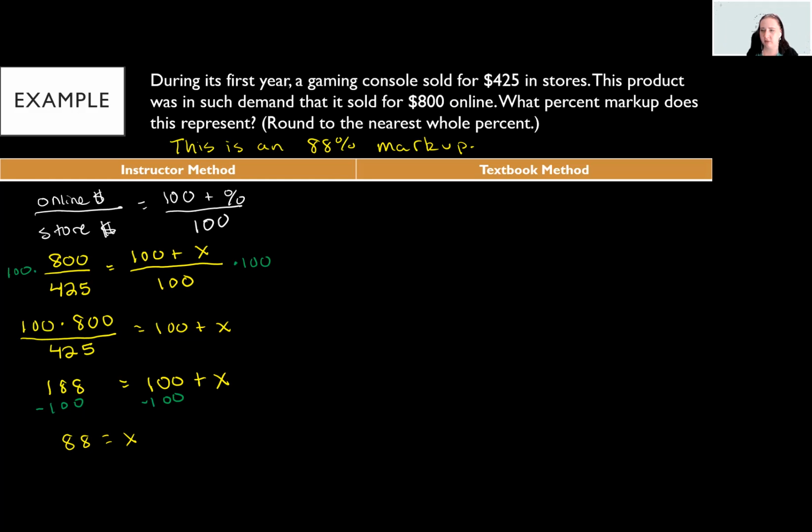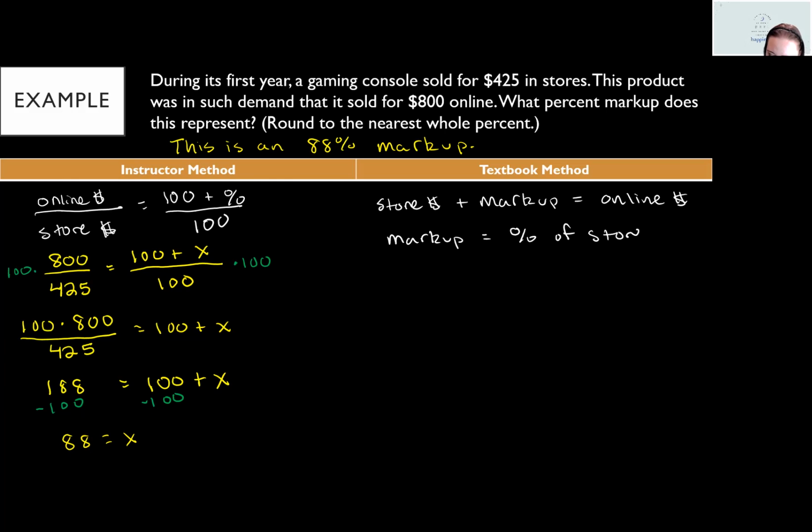Now the textbook method. They have the original price, which in this case is going to be the store price, plus your markup is equal to our online price. And the markup is equal to some percent of our store price.